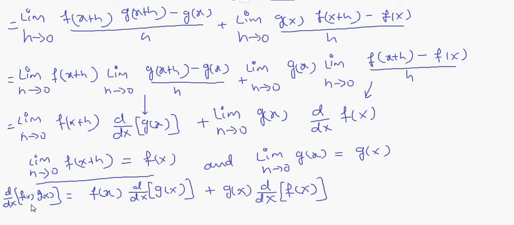Therefore, the derivative of the product of functions is equal to the first function times the derivative of the second function, and the second function times the derivative of the first function.